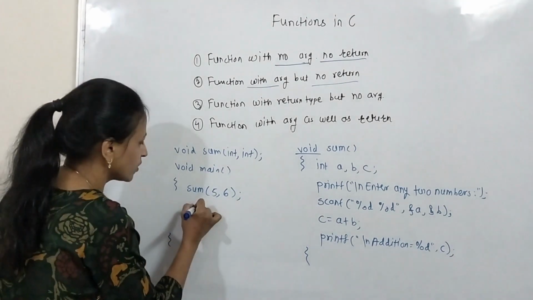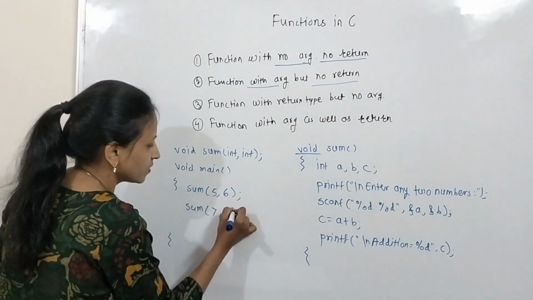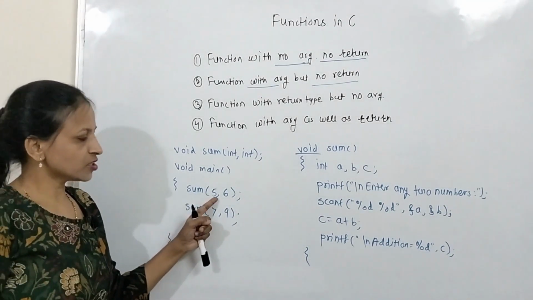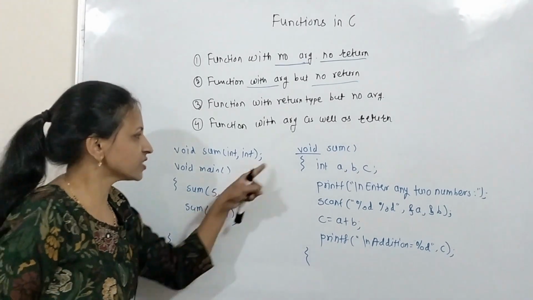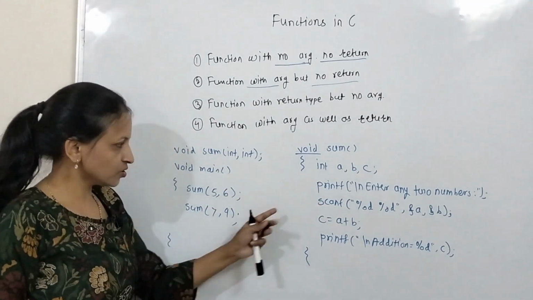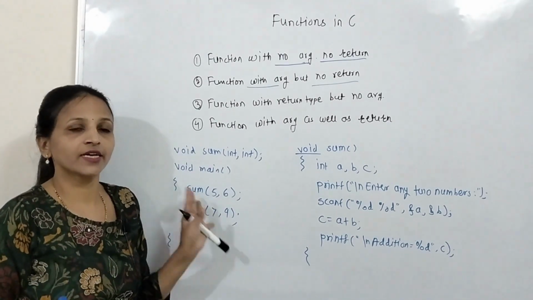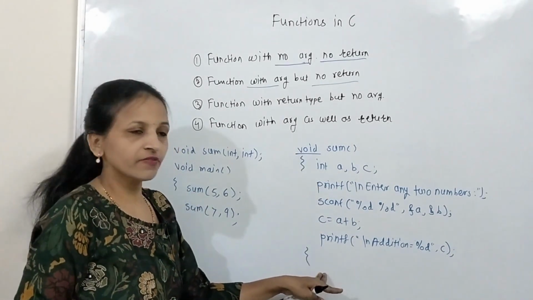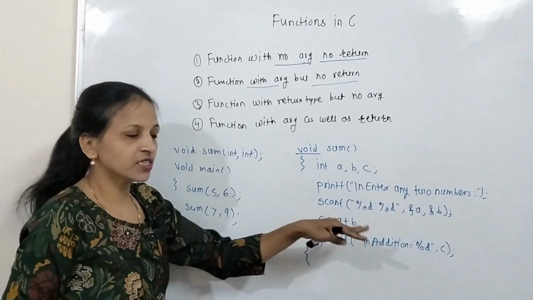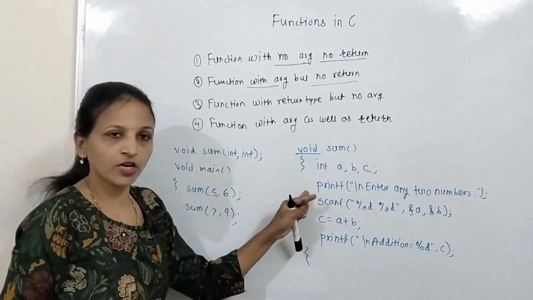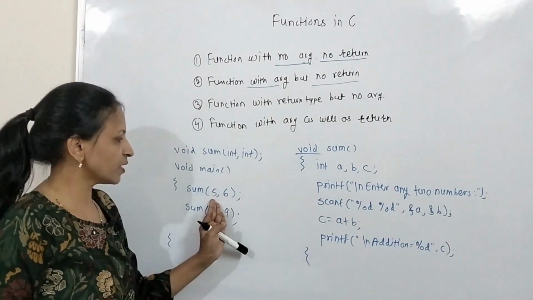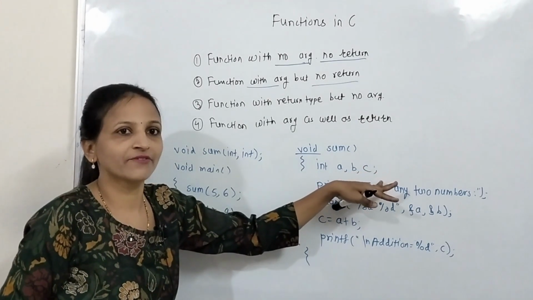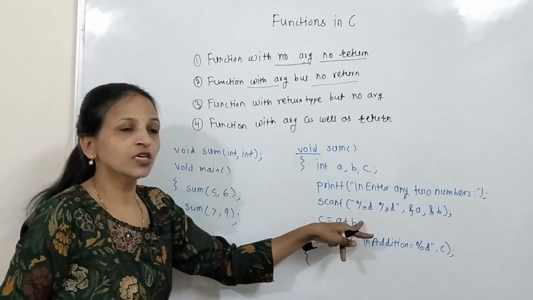Again suppose I am calling sum 7 comma 9. For this function we are passing these two values, but this function is not returning anything. We are not catching here and displaying here. Whatever addition we do, we display inside the function only, and we will not accept it here, because we are passing input to that function. That's why there is no need to accept here.